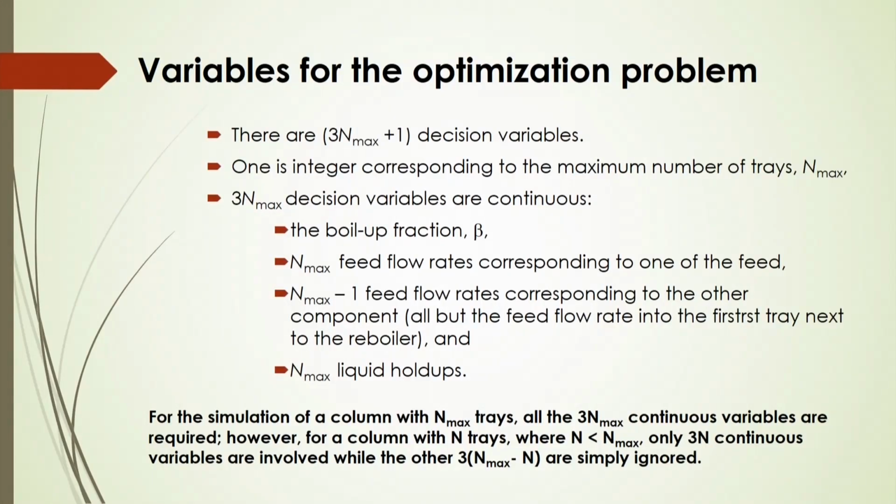And in this case, what are the variables for the optimization problem to be considered? There are 3 N_max plus 1 decision variables. One is an integer corresponding to the maximum number of trays N_max, and 3 times the maximum number of trays should be decision variables that will also be continuous, like the molar reflux fraction beta, the N_max feed flow rates that will correspond to one of the feeds, and N_max minus 1 feed flow rates corresponding to the other component.